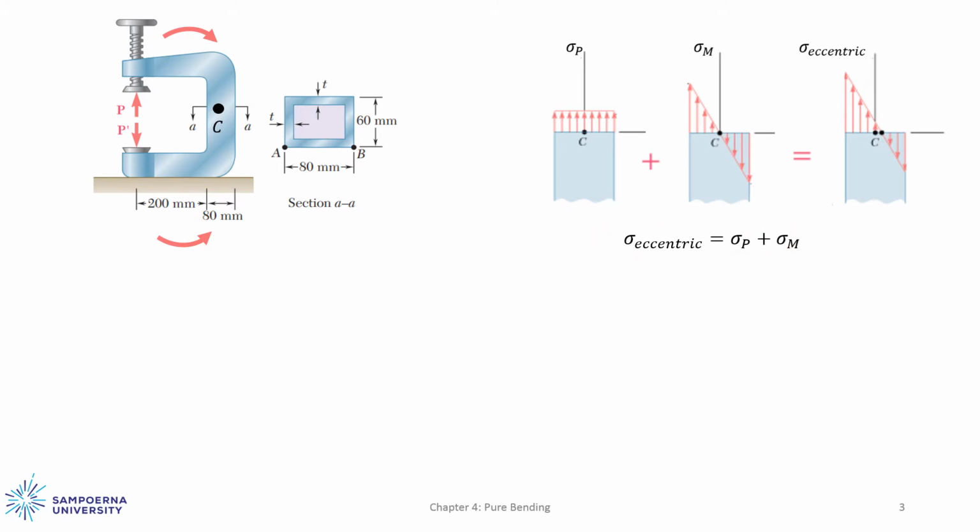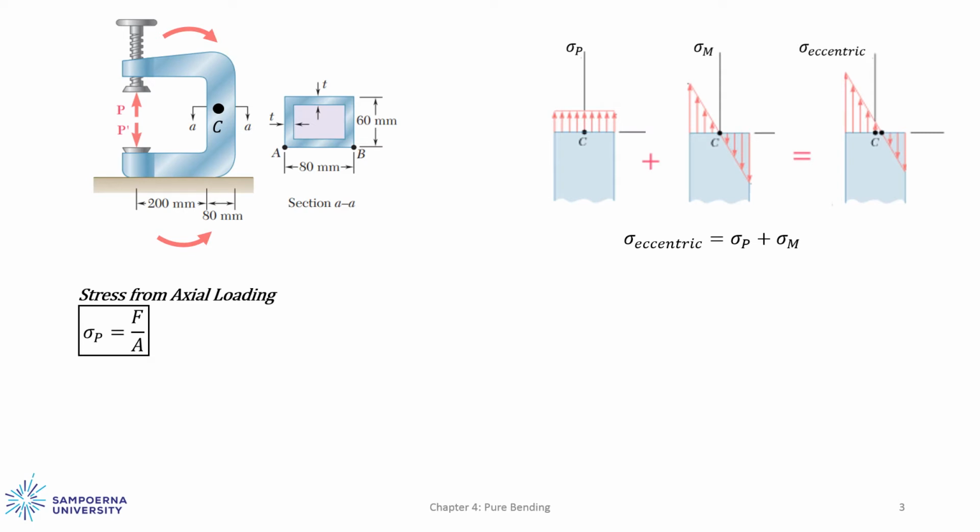The stress because of axial loading can be calculated using the formula F over A, where F is force and A is the area of the cross-section. We know that because of the forces P and P prime, the beam of the clamp is in bending in this direction.